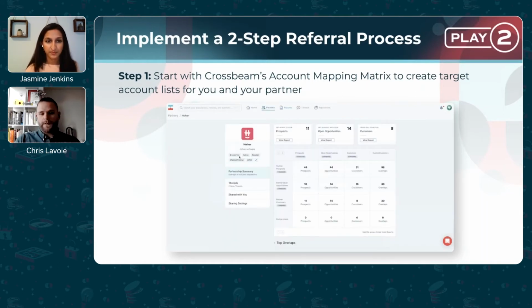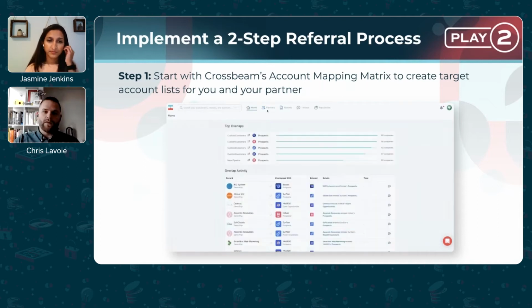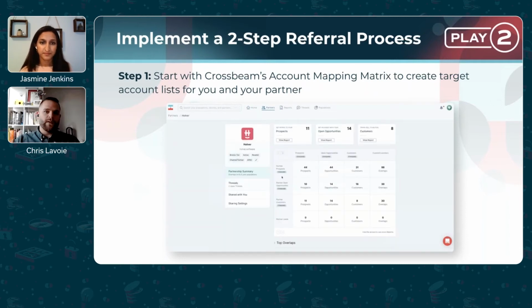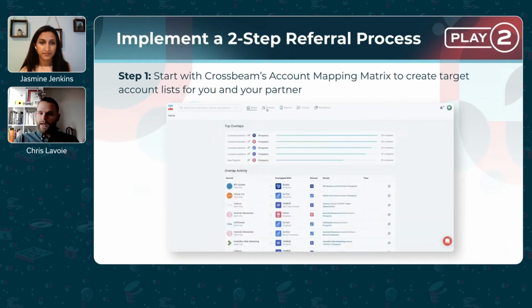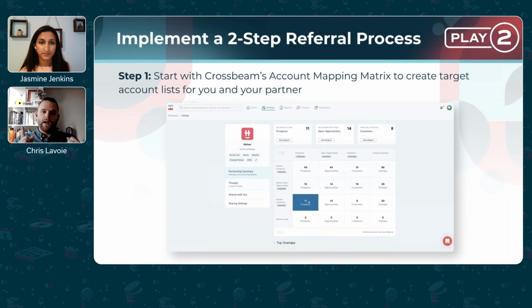So we use HubSpot as our CRM at Gorgias, and what's so great about the out-of-the-box integration with Crossbeam, and they also obviously integrate with Salesforce as well, is basically all the data that we have in our CRM, which is quite extensive. We can pipe that into Crossbeam to make it really easy to apply filters like location.